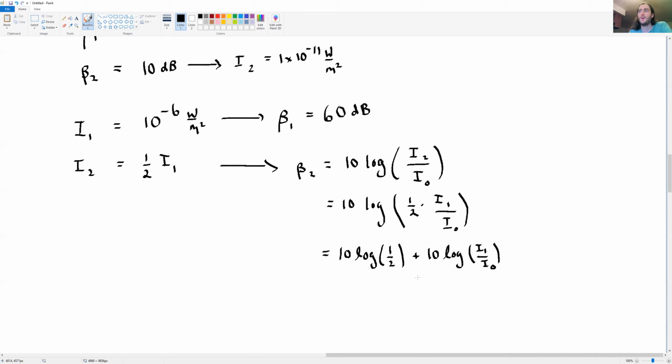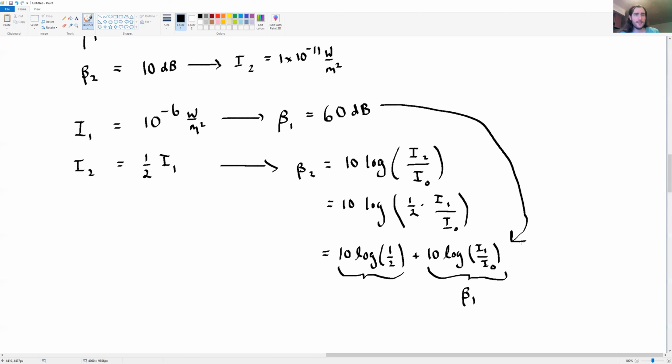So this is the change in the decibel level, right? Because this is simply beta 1. 10 times the log of I1 over I0 is just our 60 decibels.